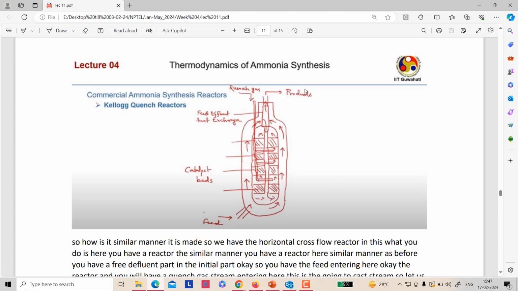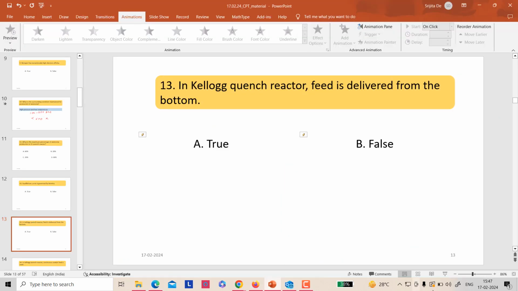It goes up, and then it enters the catalyst beds, 4 catalyst beds, and through quench gas it is cooled down, and then the product emerges from the top portion. So here the answer will be true.